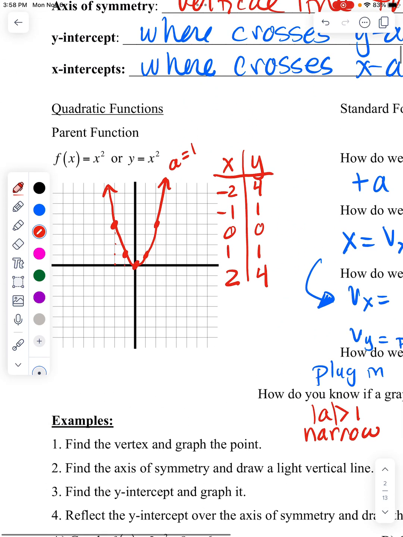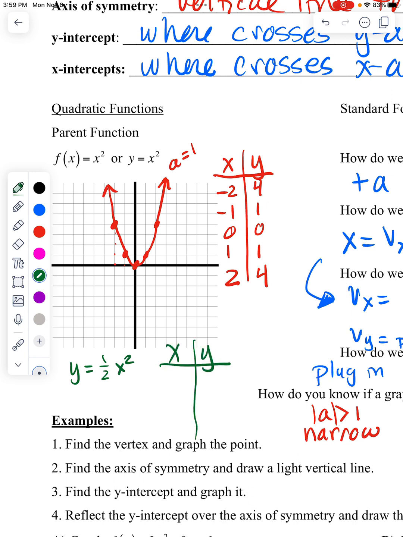Let's say that up here in this graph, I was instead graphing y equals 1/2 x squared, then my table would be a little bit different because I'd still have these numbers, but my y's would be half of what they used to be. So instead of a 4, I'd have a 2. Instead of a 1, I'd have a 1/2.